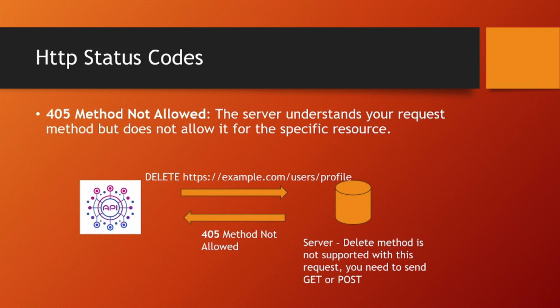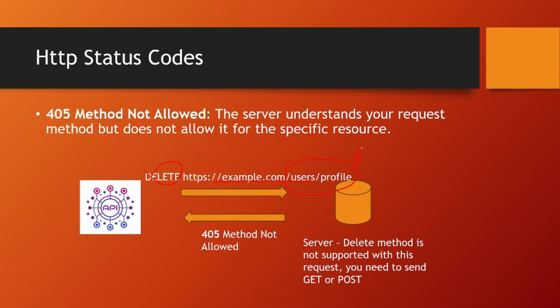But how the server does these things is written somewhere in code, and you can find it in the documentation, which shows which kind of method is supported with which URI and endpoint. As we have already seen, this is the method we usually send, and this is a URI, and in the URI we have an endpoint.